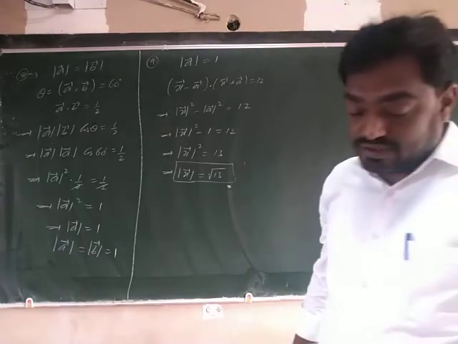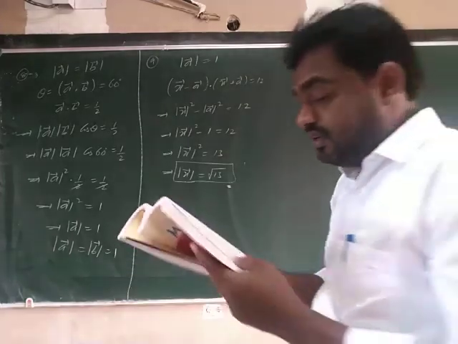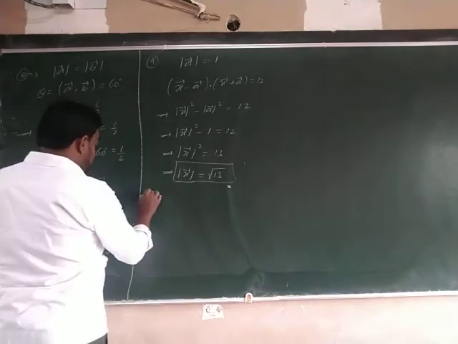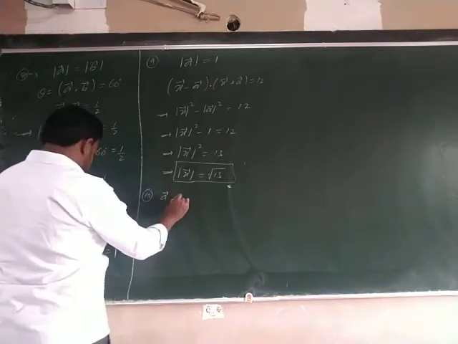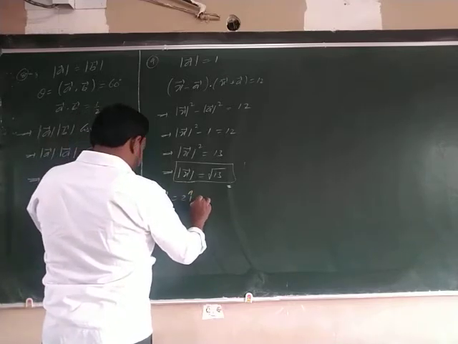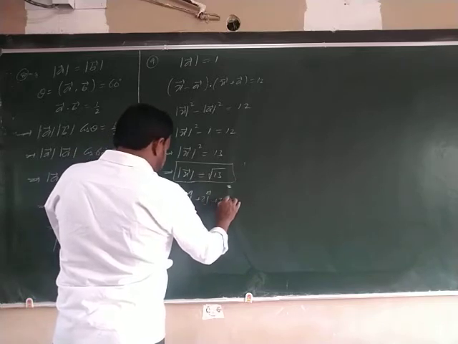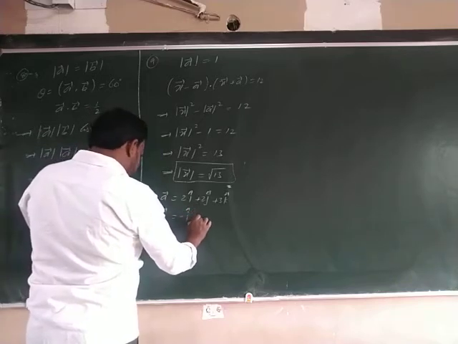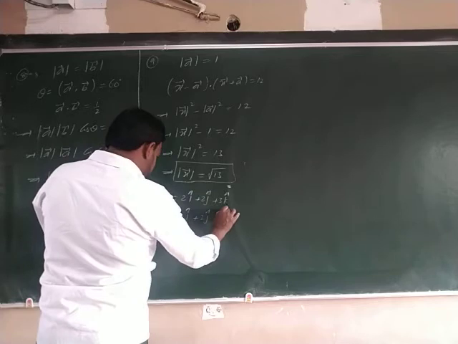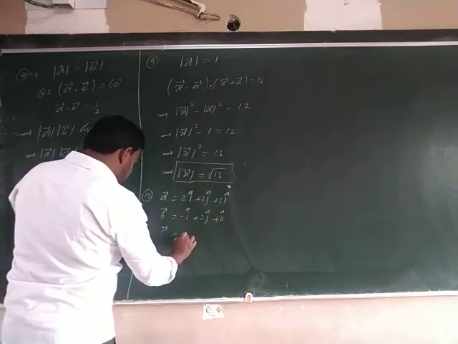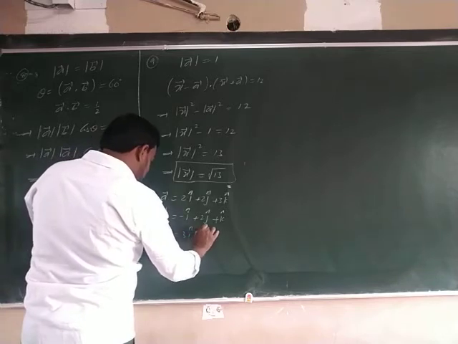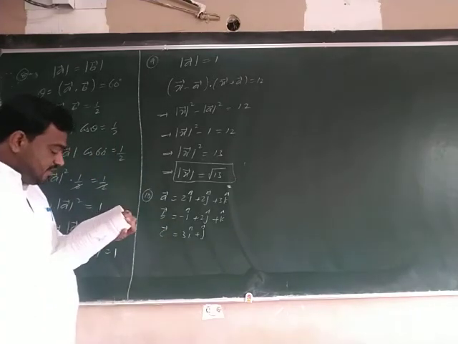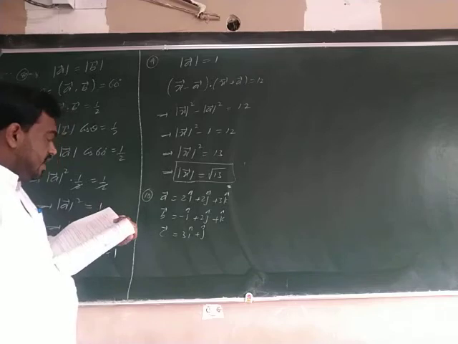Next, 10th question. If vector A is equal to 2i cap plus 2j cap plus 3k cap, vector B is equal to minus i cap plus 2j cap plus k cap, vector C is equal to 3i cap plus j cap, such that A plus lambda B is perpendicular to vector C, then find the value of lambda.